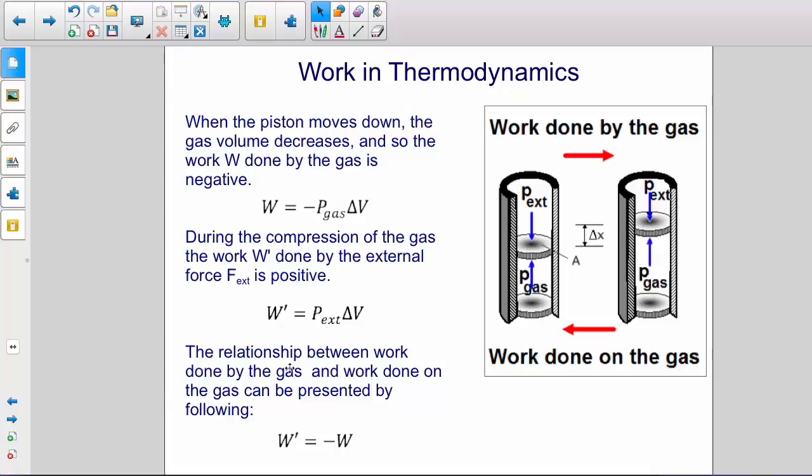The relationship between work done by the gas and work done on the gas can be presented as follows. Essentially, work done by the environment on the gas, or externally on the gas, is the opposite of the work done by the gas. W prime equals negative W.